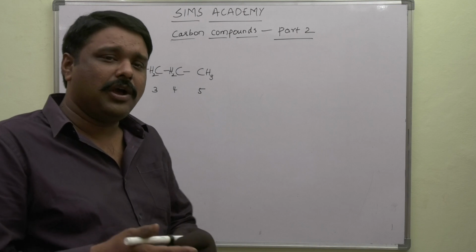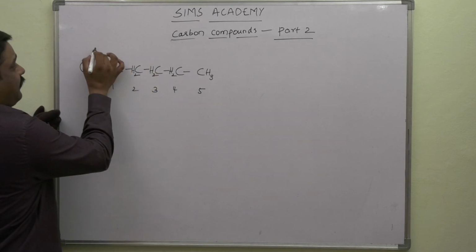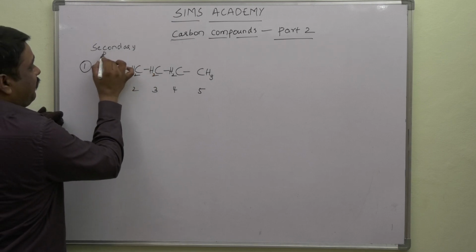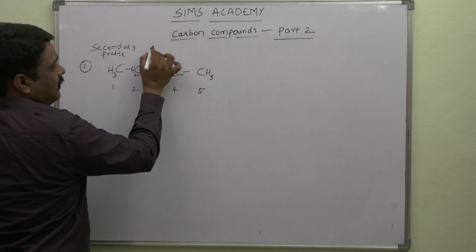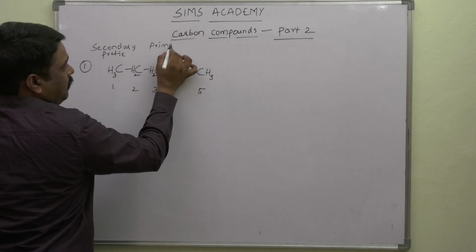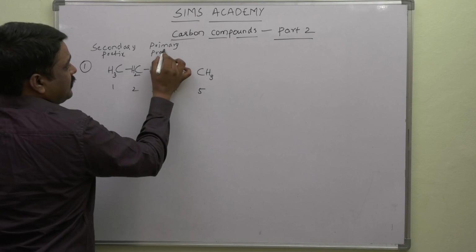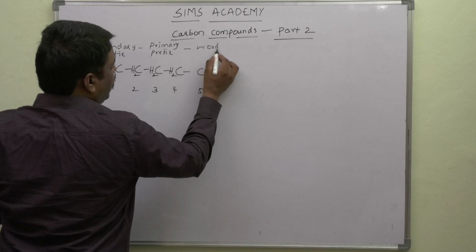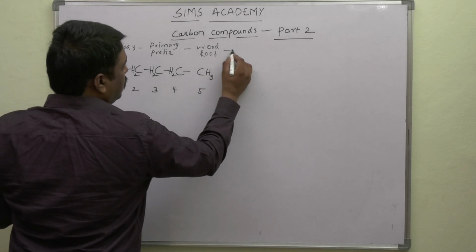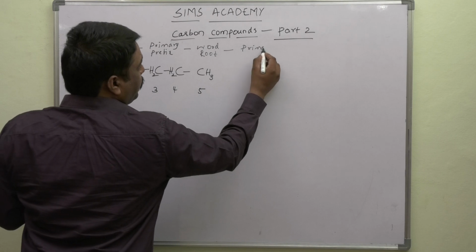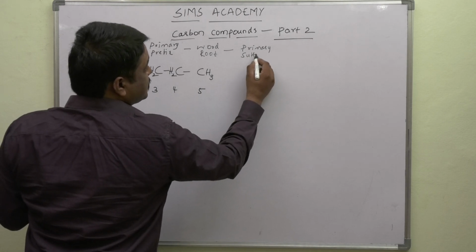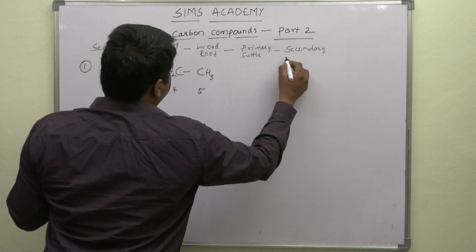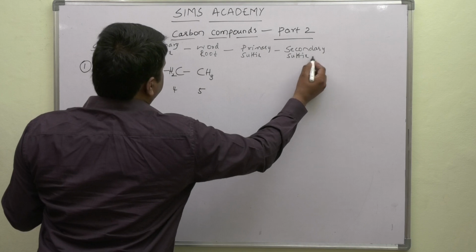And how to name an organic compound? Previously we discussed. First we get secondary prefix, next primary prefix, next we have word root, next primary suffix, and secondary suffix.